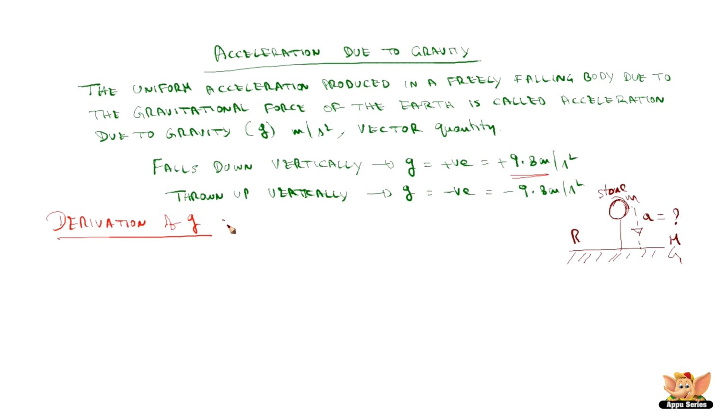So the known parameters are r, the radius of the earth, small m, the mass of the stone, and capital M, the mass of the earth.